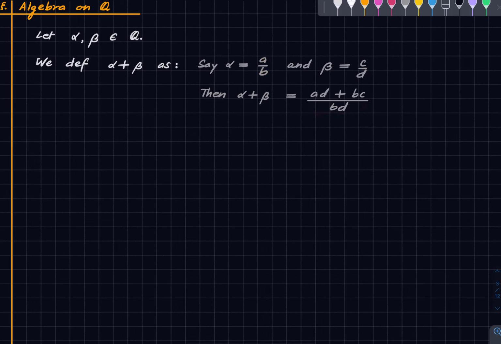But you do actually get the same equivalence class. So say alpha is also equal to a prime by b prime. That is, ab prime is equal to ba prime. Right? Alpha is a by b, but if alpha is also equal to a prime by b prime, that just means that (a, b) and (a prime, b prime) are in the same equivalence class, which means that this is the case.